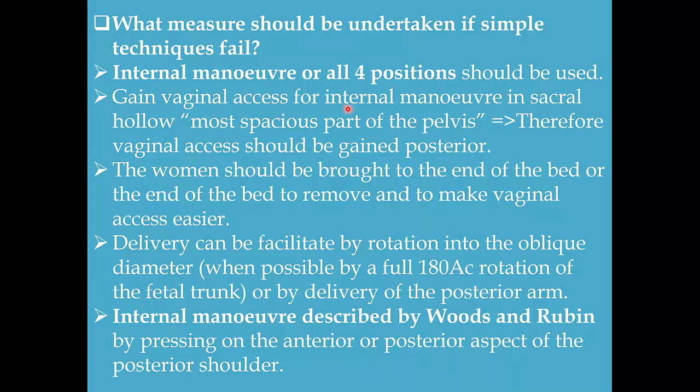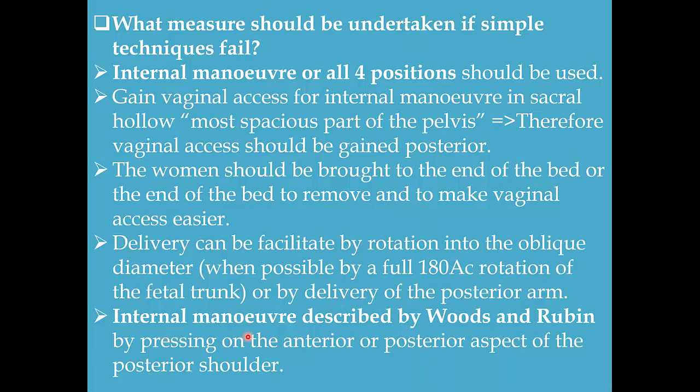Give vaginal access for the internal maneuver in the sacral hollow, the most spacious part of the pelvis. Therefore, vaginal access should be gained posteriorly. The woman should be brought to the end of the bed to make vaginal access easier. Delivery can be facilitated by rotation into the oblique diameter when possible, by full 180 degree rotation of the fetal trunk, or by delivery of the posterior arm.